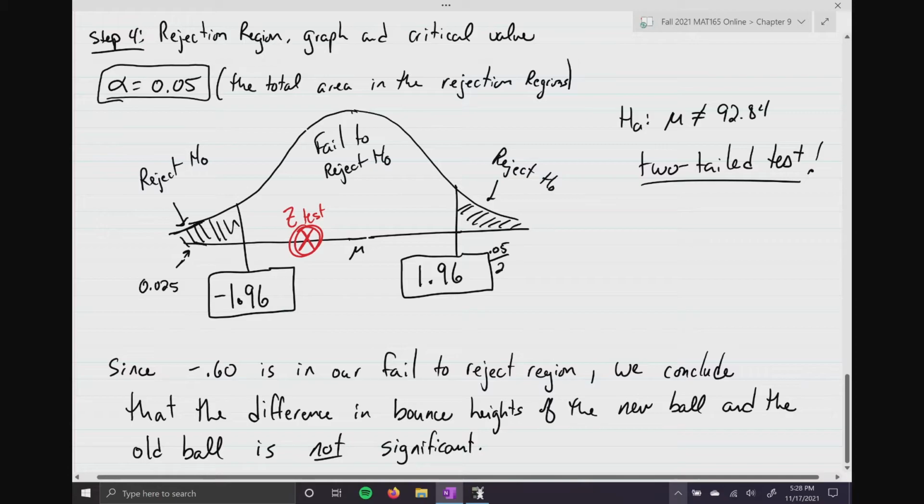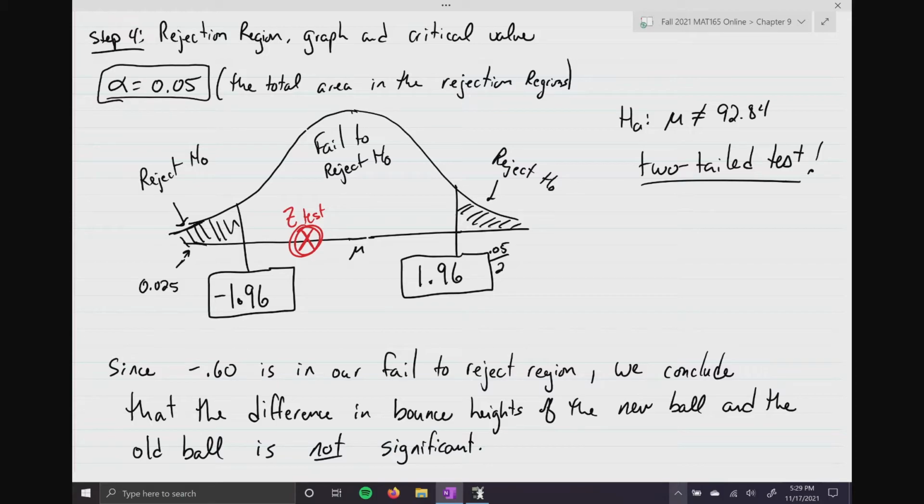So you may have like a baseball manager that comes out and says, these new baseballs are horrible because they bounce too much. So then they call the math people in. And here's what we do. We do our math and we say, hey, Mr. Baseball Manager, I'm very sorry, but the difference in heights is not significant. You guys just, you're no good. Your hitters are bad, or your fielders are bad, or whatever the case may be. Okay? So I hope this is like kind of making sense.